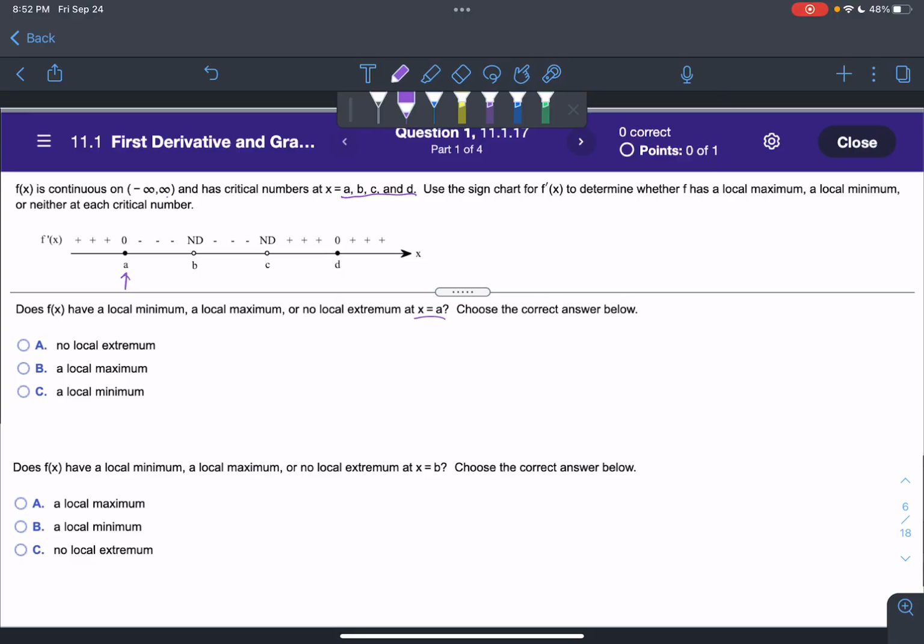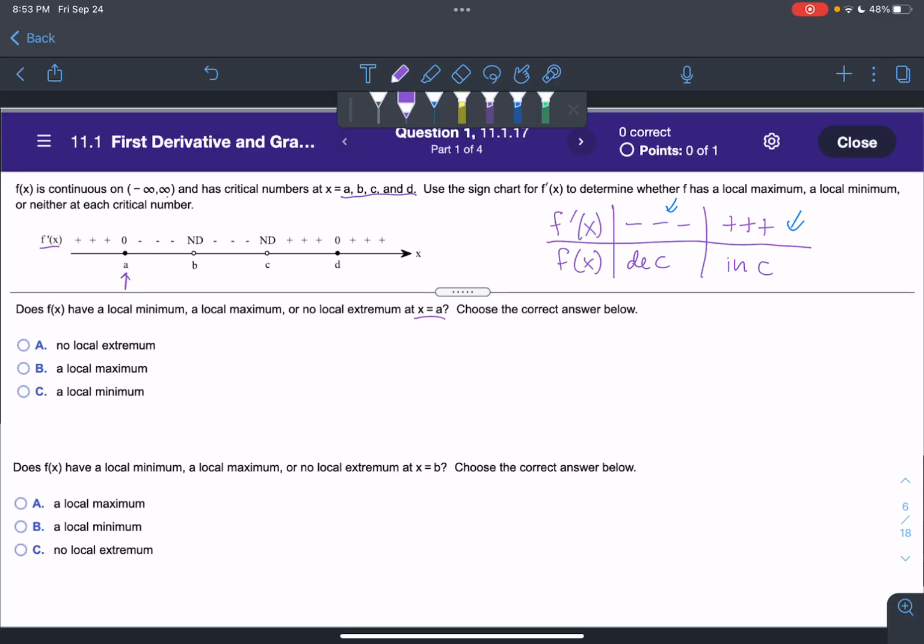So using the sign chart, we're given the sign of our derivative. And again, the sign of our derivative tells us increasing or decreasing of our function, right? So if I made out this quick little chart, if my derivative is negative, then that means my function is decreasing. And if my derivative is positive, then my function's increasing.